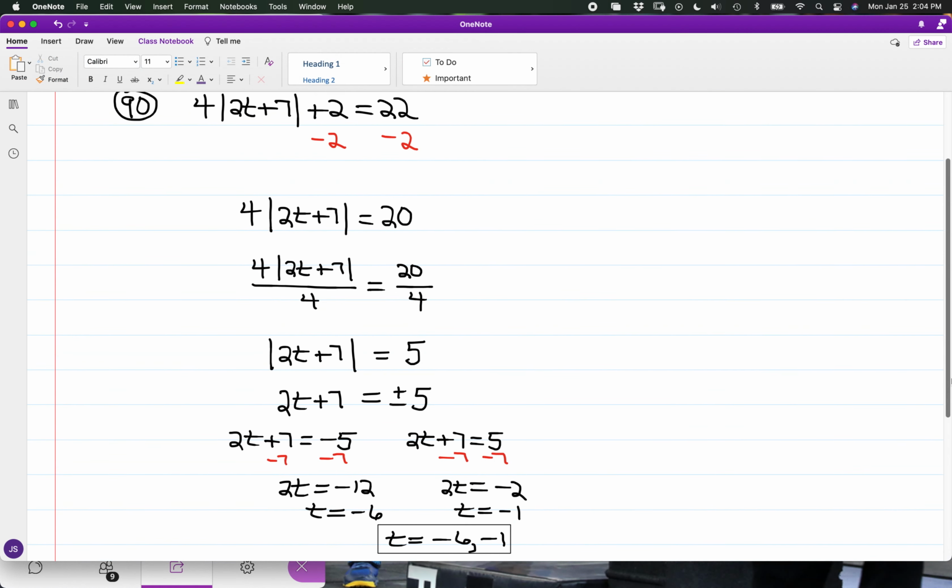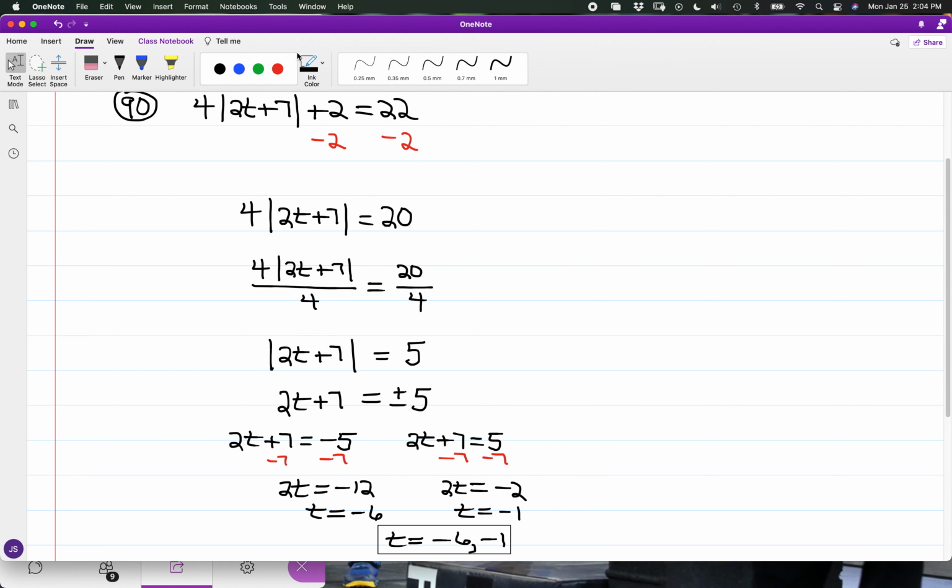Now, for the next item, this is number 91, and I'm going from solving for t to solving for c. In this one, we have negative 3 is equal to the negative of the absolute value of c minus 7, followed by the addition of 1.